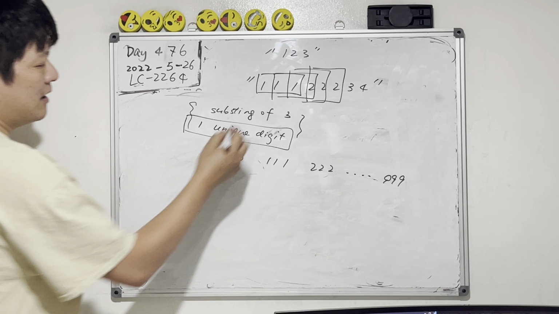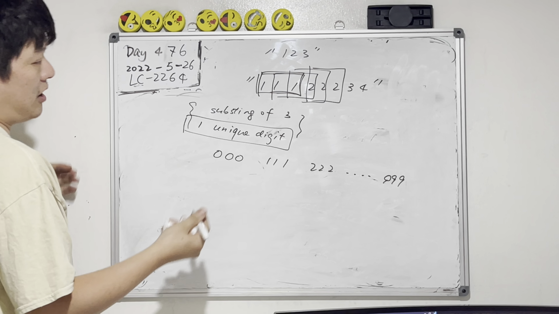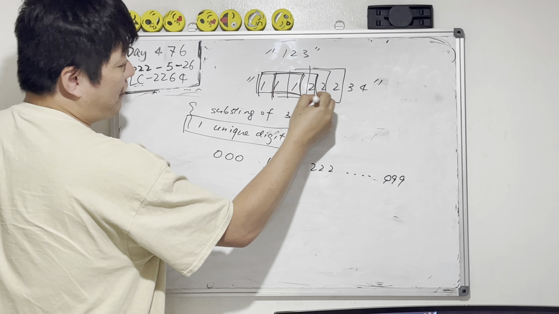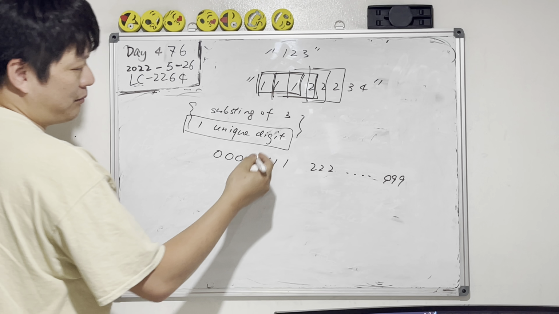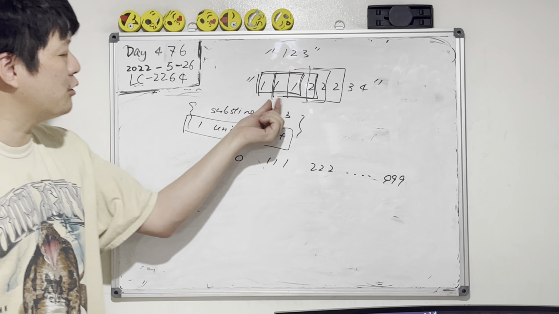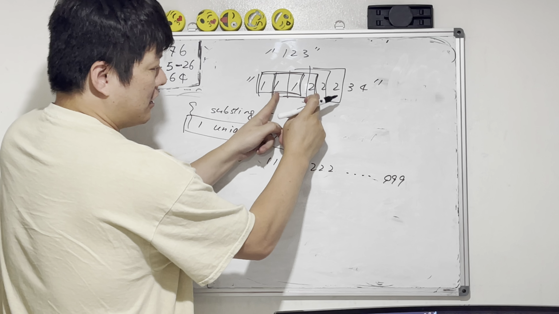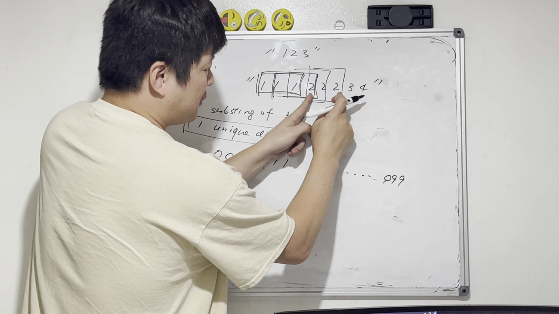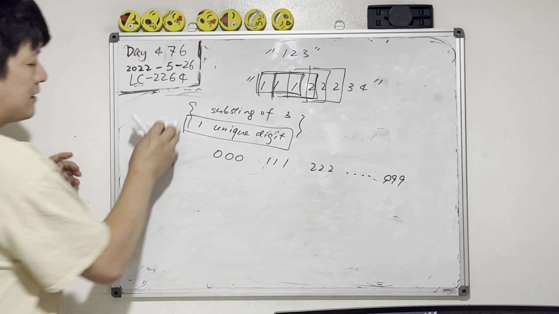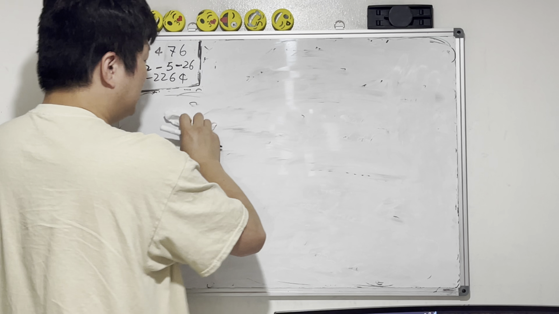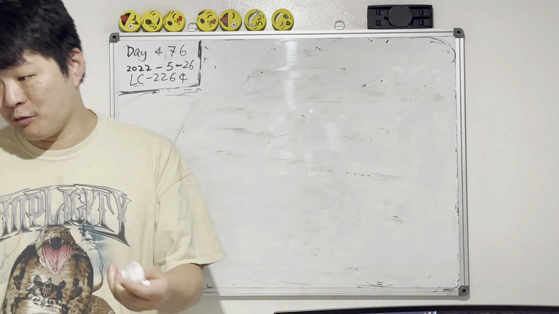For simplicity, we just keep moving through every 3-digit window. So which way do you think is better? Backwards. Yeah, that would be better.